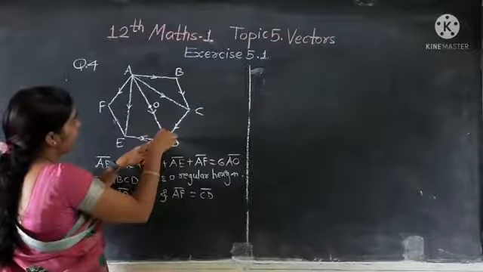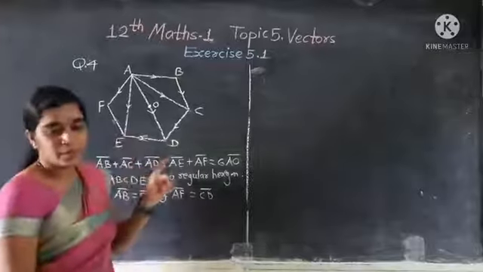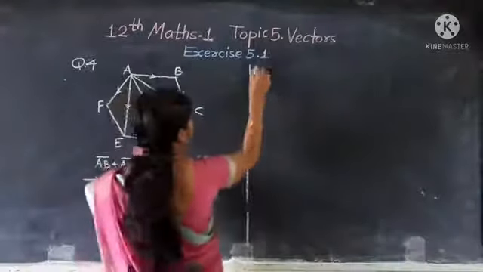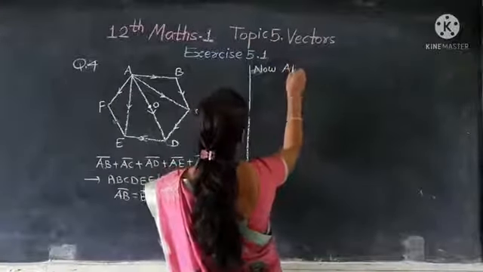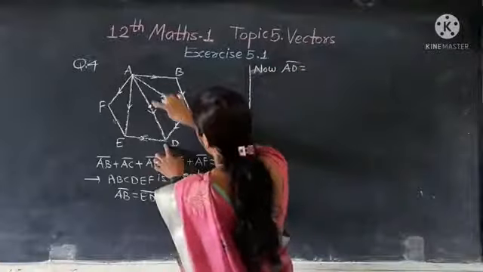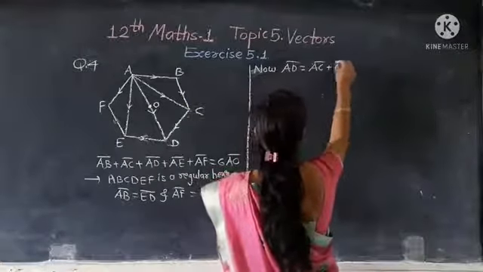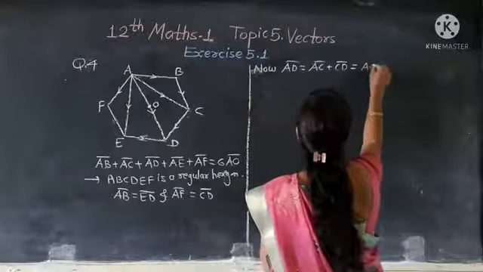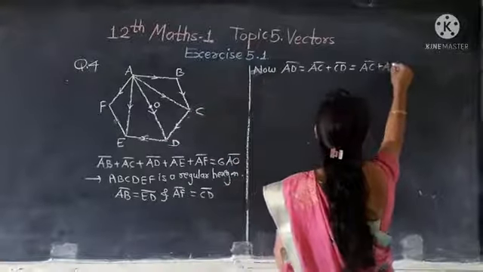Now we can write AD bar as AC bar plus CD bar, or you can write AC bar plus CD bar plus AF bar.